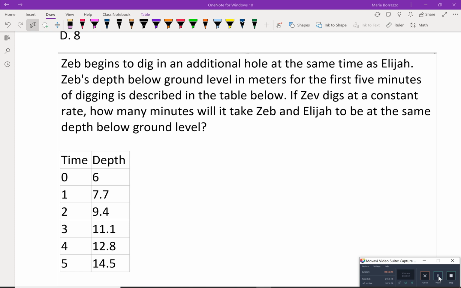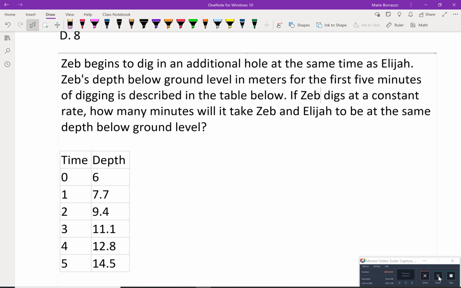If Zeb digs at a constant rate, how many minutes will it take Zeb and Elijah to be at the same depth below ground level? This is another good question where they ask you to, in a sense, be parallel.